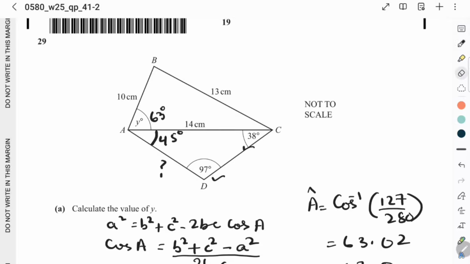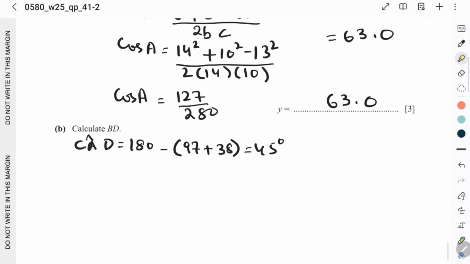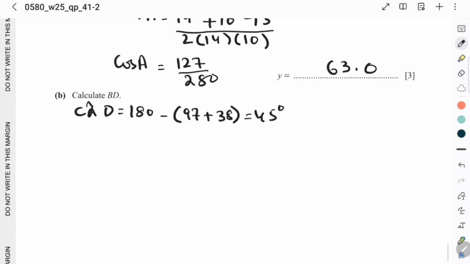Now the problem is to find this side. So we use the sine rule to find this side. I'm just drawing the diagram here so that you can easily understand.